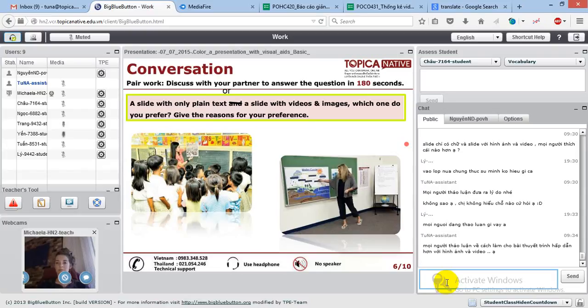With video and images, the video is very clear, so you can watch and you can hear music.